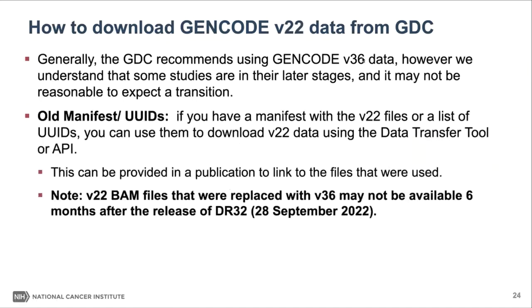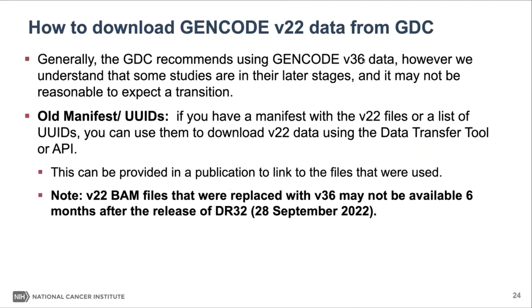So generally, the GDC recommends using GENCODE version 36 data because it's more up to date and a lot of them use more modernized pipelines. However, we understand that there are some studies that used v22 data and they're in their later stages.